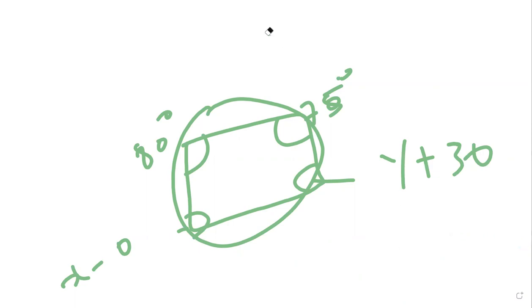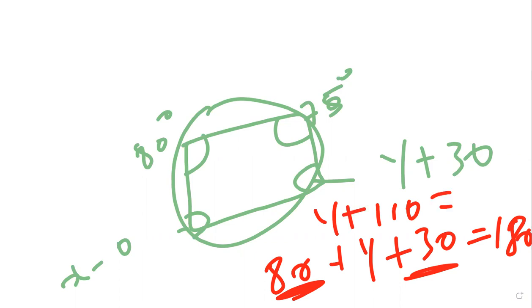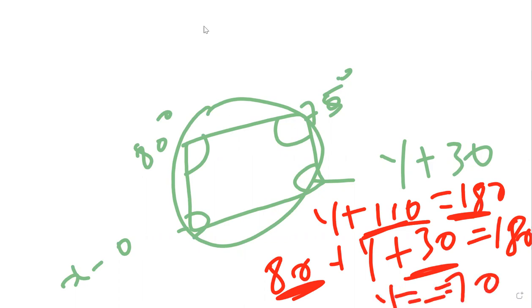So I have 80 plus y plus 30 is equal to 180. I group the like terms. So the 30 plus 80 is 110. 110 plus y is equal to 180. I want to take away 110 from 180. That gives me 70. So my y is equal to 70 degrees. Simple as that. No big deal.